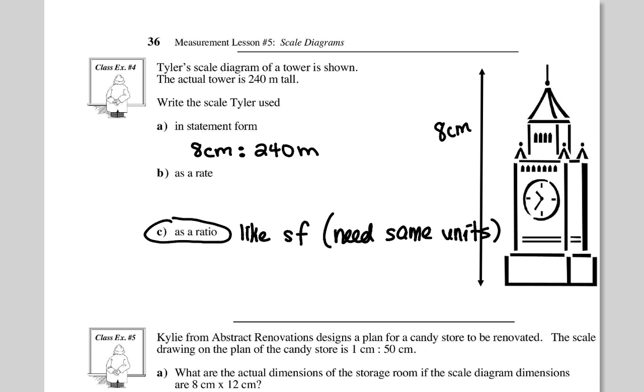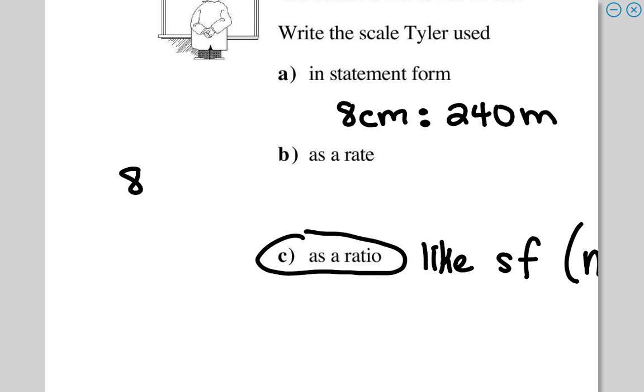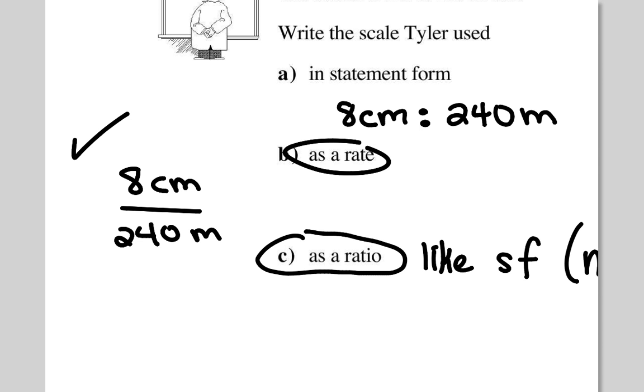So let's take a look at the rate. Obviously, you would just put centimeters on top and meters on the bottom. And this is perfect. If I said as a rate and you put this, I would be so happy. What if I asked for a unit rate?